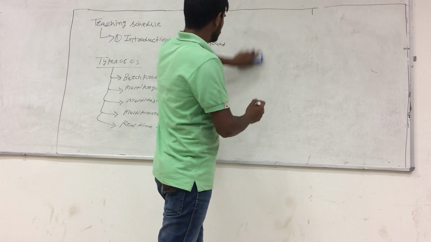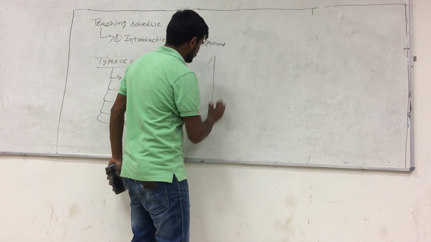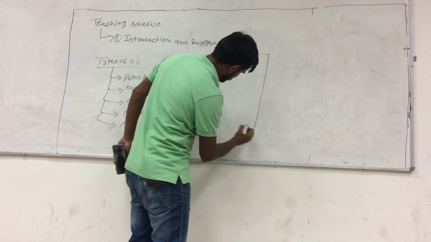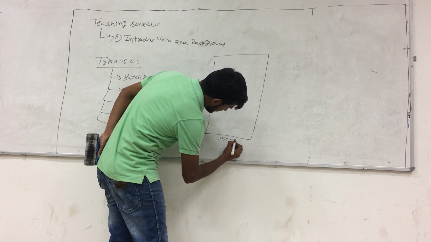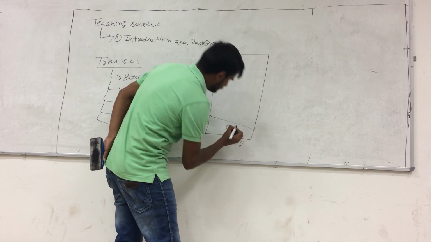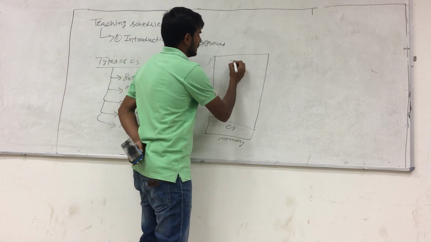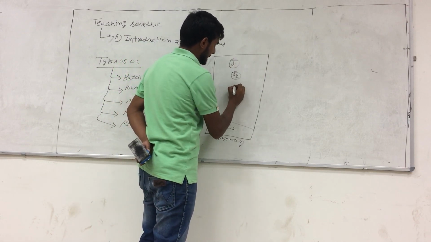So for batch processing operating system, here is memory. There is the operating system inside the memory. There may be multiple jobs in the memory.